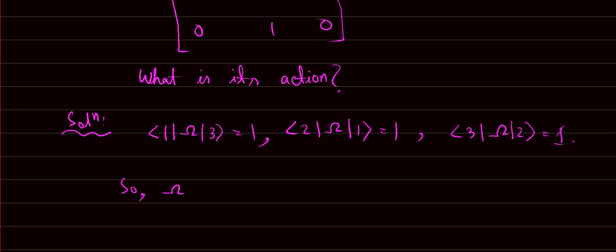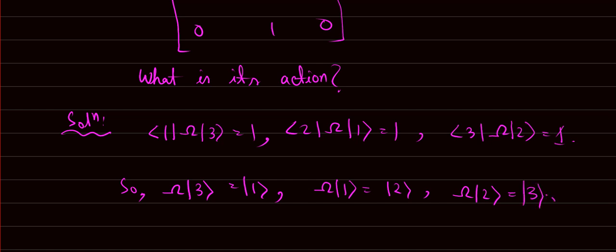It means if we apply our omega on 3, it will give us 1. If we apply omega on 2, it will give us 2. If we apply omega on 2, it will give us 3. We are sure of this.